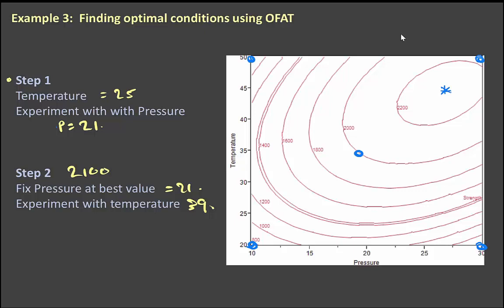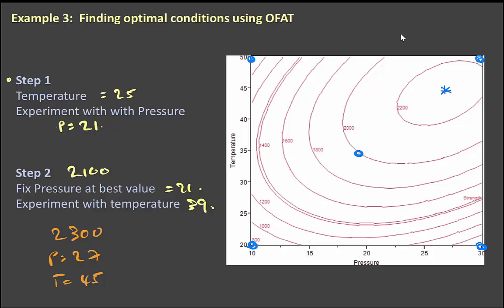And that optimal condition is probably more like 2300, and that occurs at maybe the pressure equal to about 27 and the temperature at something like 45. So a couple of highlights here.